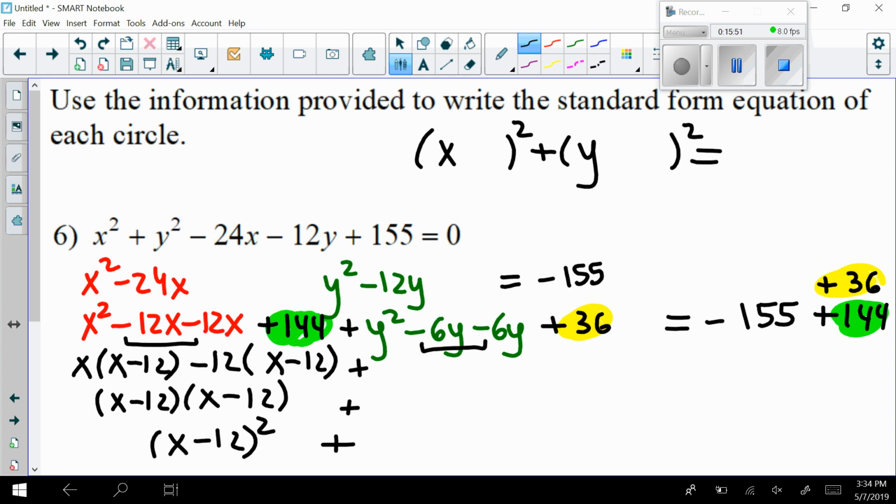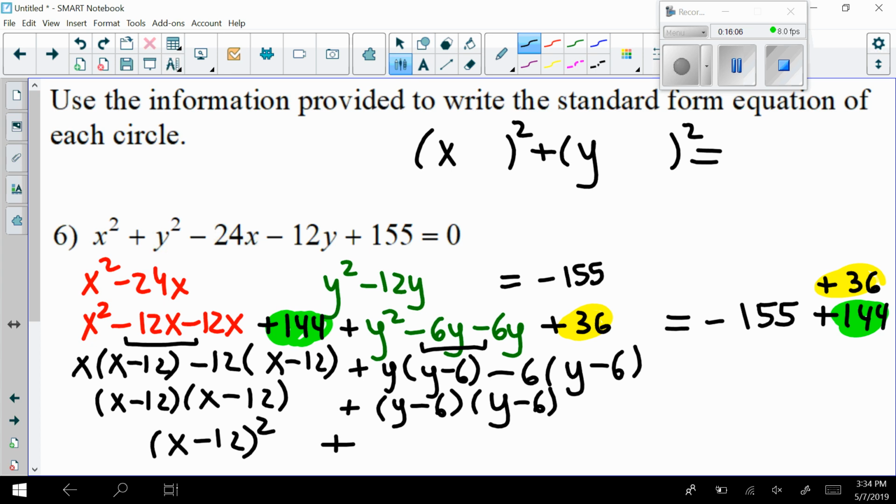Again, I turn this into grouping problems. These have a y in common. My last two terms have a negative 6 in common. And just like I wanted, they are the same. So now the center is at 12, 6.